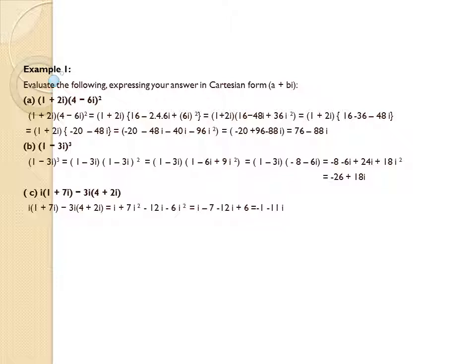Again i square equal to minus 1, but here there is a negative term, so negative into negative is positive, so plus 6. Minus 1, minus 7 plus 6 equal to minus 1, and minus 12i.